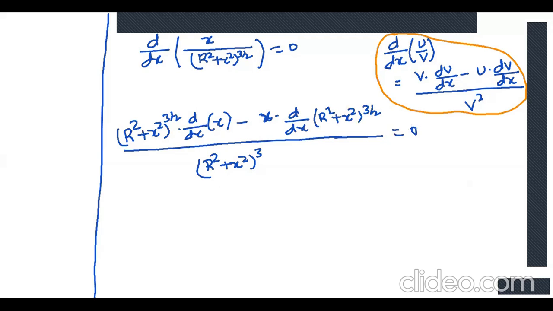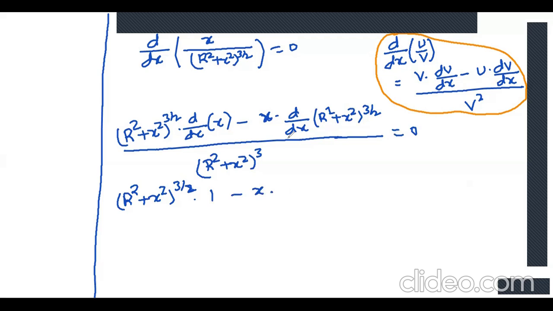Cross multiply. So it is (r square plus x square) whole power 3 by 2 d by dx of x. What is the value? 1. Yes. Minus, listen here carefully.